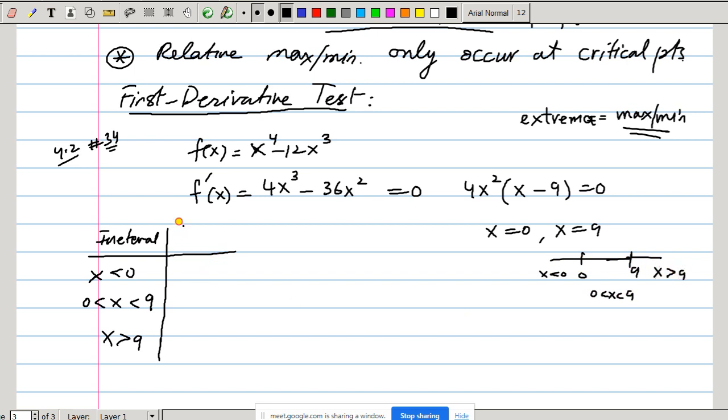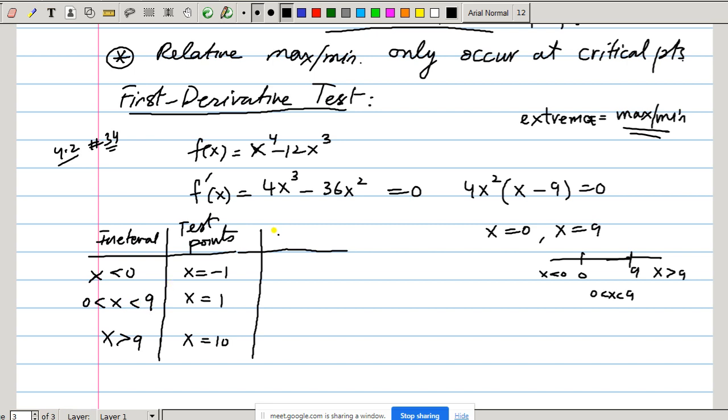Now again I will pick the test points, same as in the previous example. On the left of 0 we pick minus 1, between 0 and 9 we can pick 1, and after 9 we can pick 10. You can pick anything, 2, 3, 4, 5, 6, 7, 8, whatever you want.